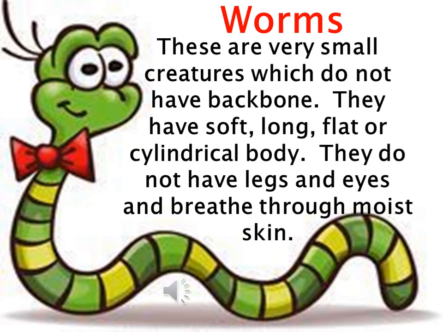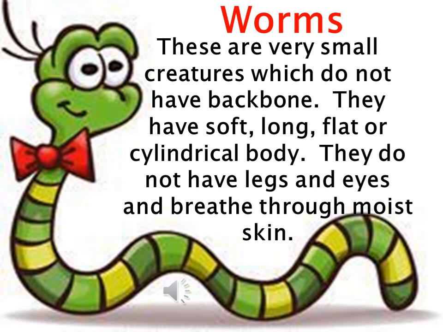Worms are very small creatures which do not have a backbone. They resemble snakes, but unlike snakes they do not have a backbone. Their body is very soft and elongated, round or flat, and maybe cylindrical, and in some worms the body is also segmented.